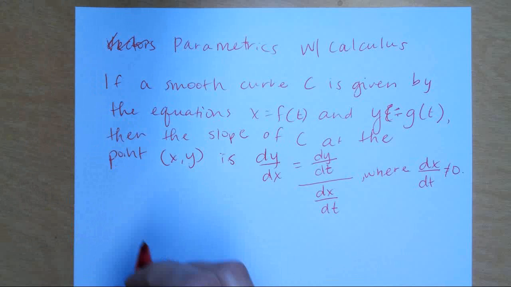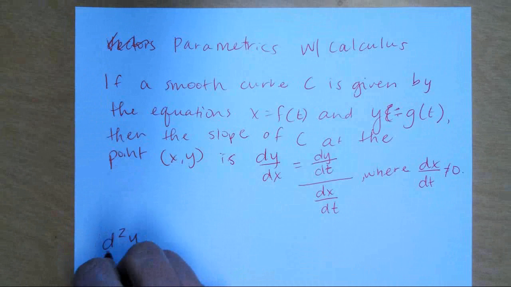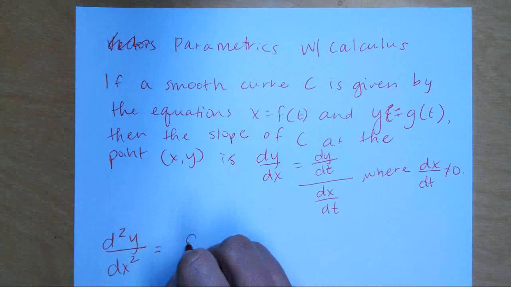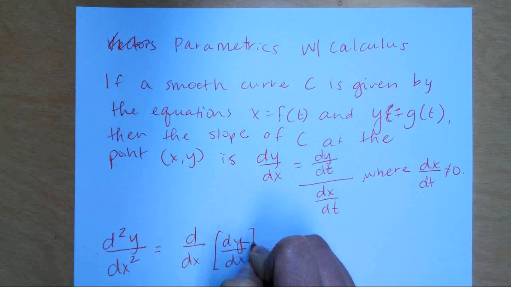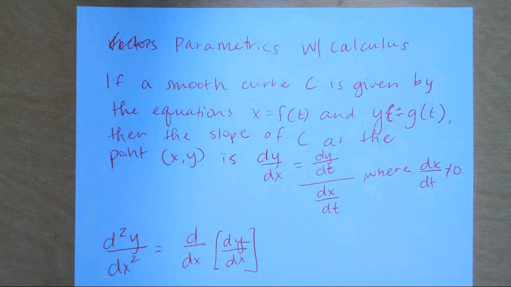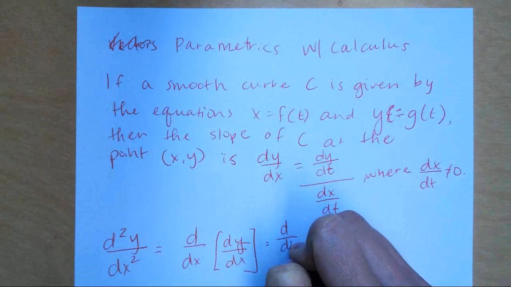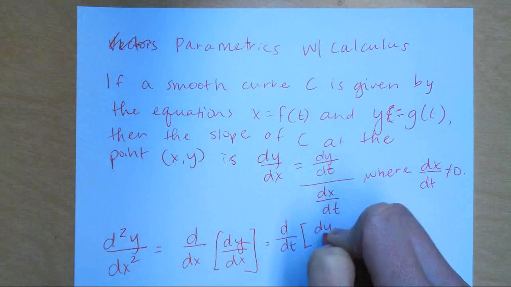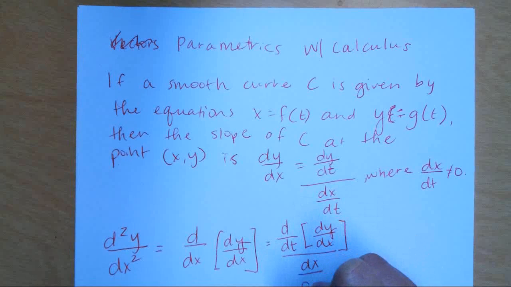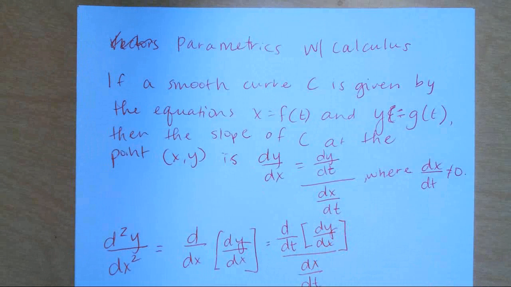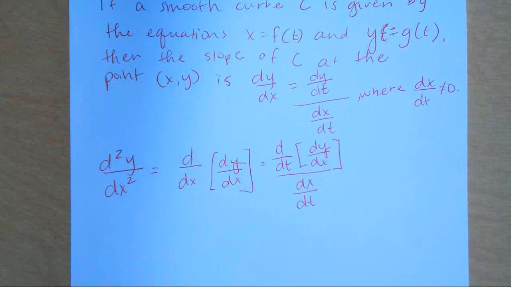Okay, the second derivative is kind of weird. So for the second derivative, we have the derivative of the first derivative. That is what the second derivative means. Which is going to be the derivative with respect to t of the function that we just found, dy dx, divided by dx dt. This is something you're likely going to have to commit to memory.